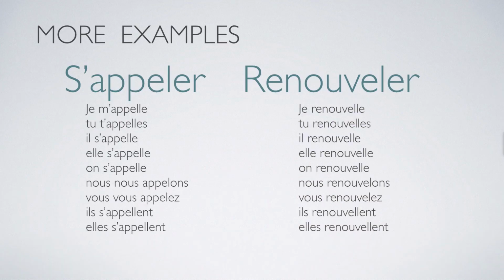Well, in the second category of verbs ending in -eler, we've got actually the same pronunciation, the same sound "è", but this time the writing is different. Instead of two Ls, we use an E with an accent grave. For example, the verb geler, to freeze.